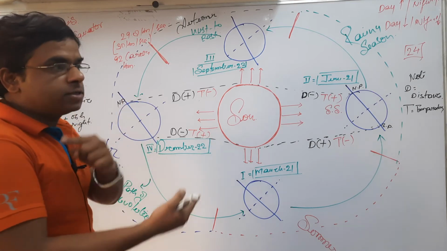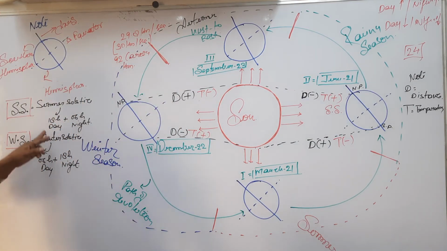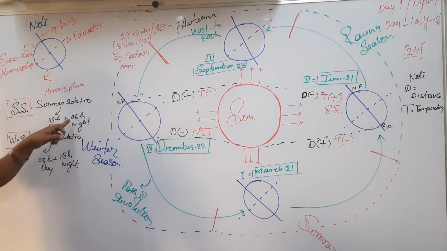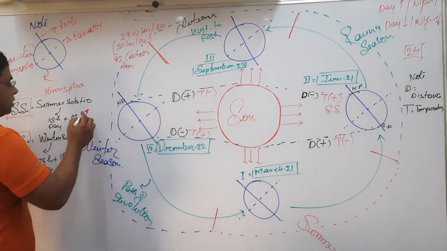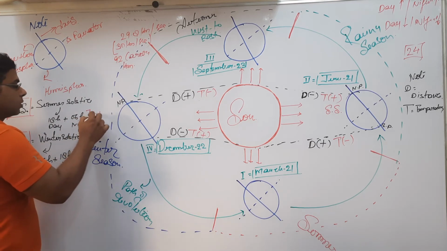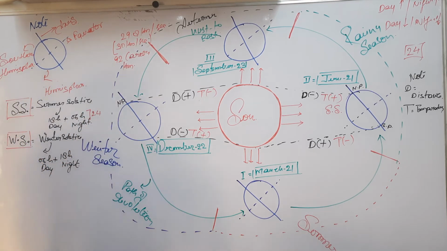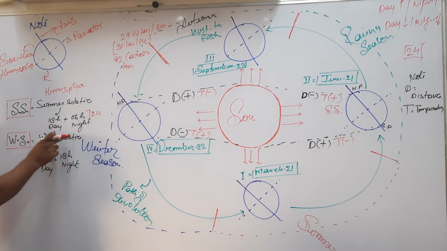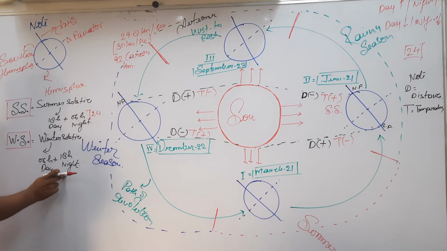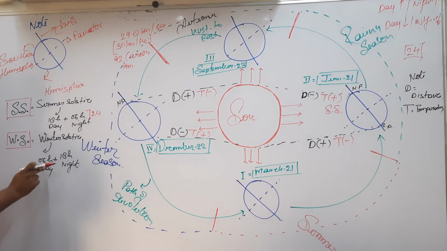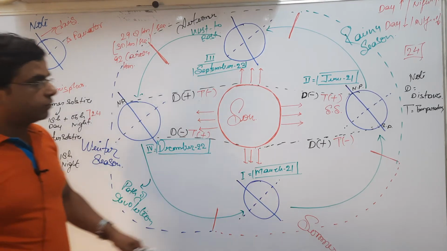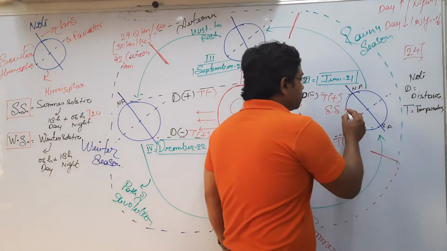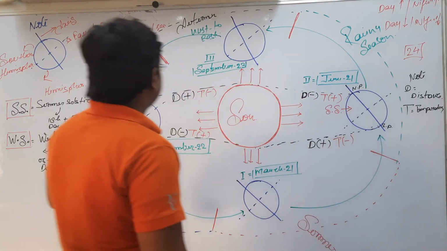And if the solstice is summer solstice, then the day has a duration of 18 hours and the night a duration of 6 hours, both in the format of 24 hours. And if the solstice is winter, then the night duration is 18 hours and the daytime duration is 6 hours. So on the 21st of June, we have the summer solstice in the northern hemisphere.